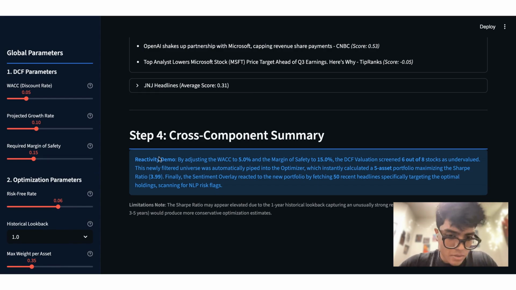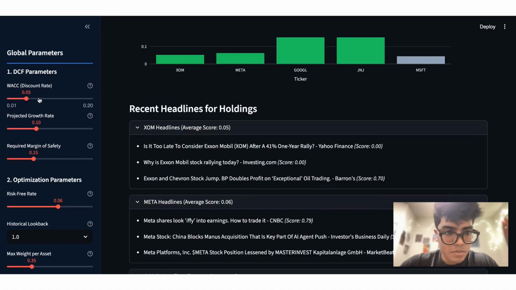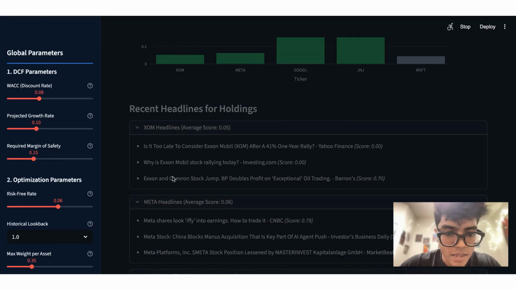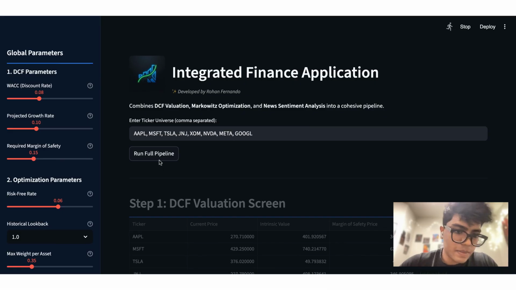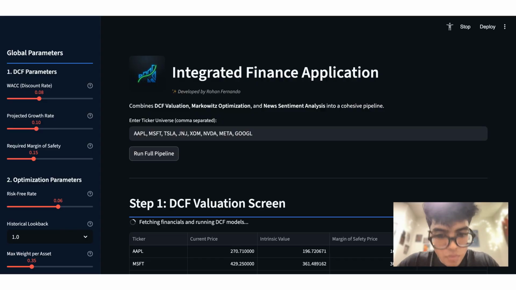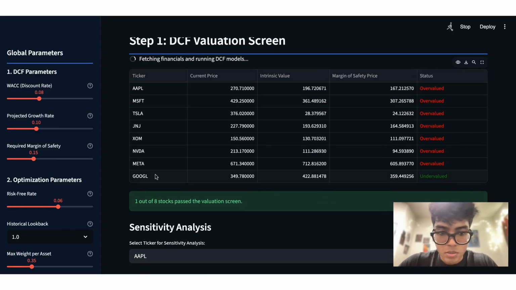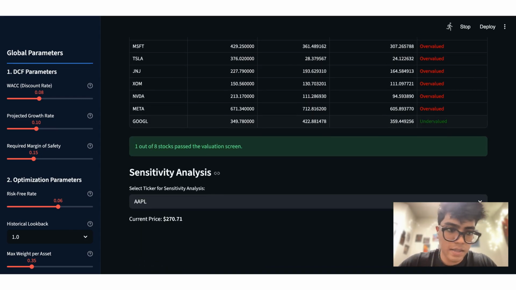Let me also demonstrate the reactivity of our parameters. Now, if I were to set the WACC, or the discount rate, at 8%, let us see once I rerun it. What should happen is that future cash flows would now be worth less, so intrinsic values would fall. As you can see here, only Google passed the entire test given our high discount rate.